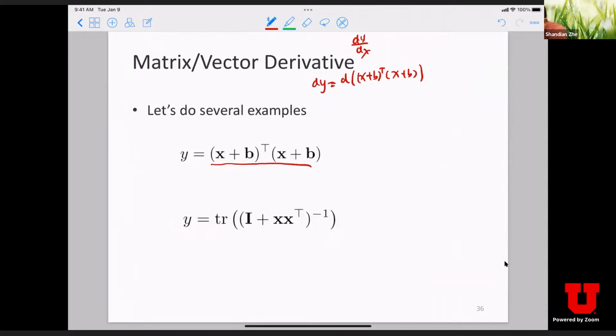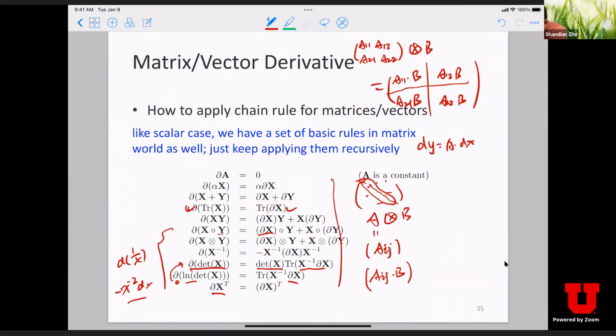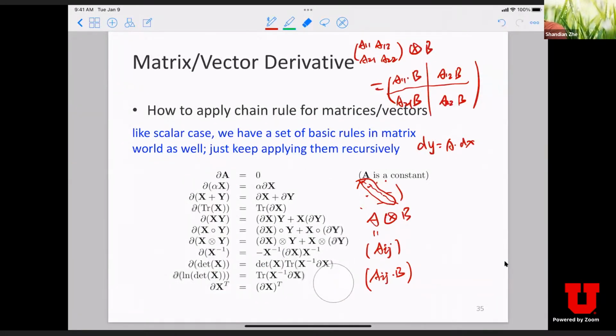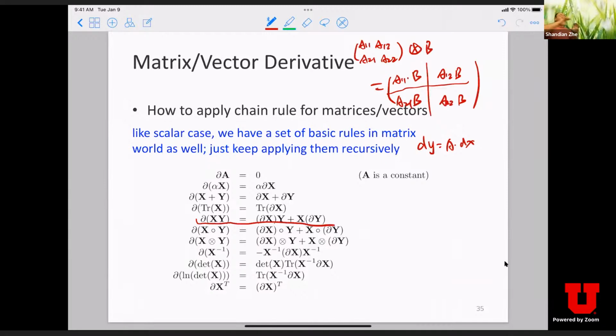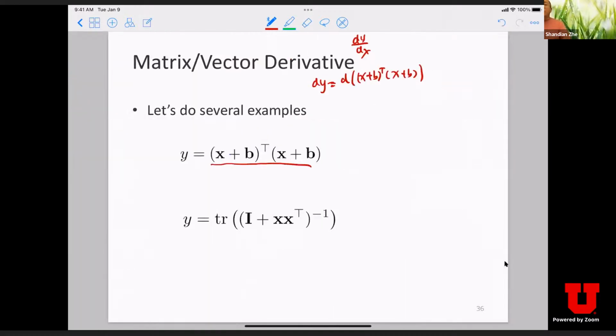Now, if we look at the rule we just went over, we know that the derivative of a product of two matrices is equal to dx times y plus x times dy. Here it is a multiplication of two vectors, which you can still treat as matrices. So we can apply the rule: we first take the derivative of the first term, and then multiply by x plus b.